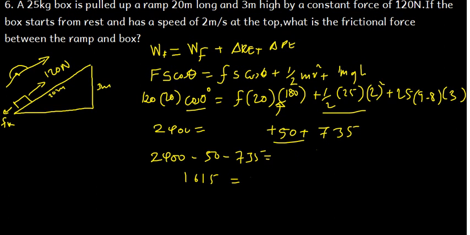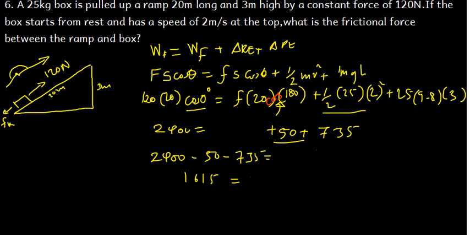So there is cos here. What we are saying is cos 180, and you know that cos 180 is negative 1, and then that negative 1 multiplied by the friction.